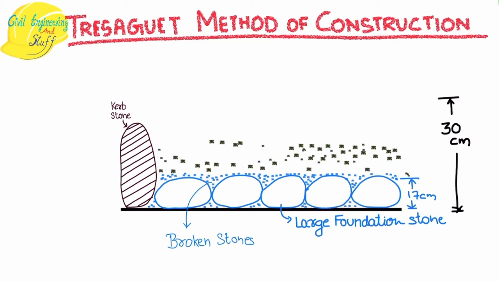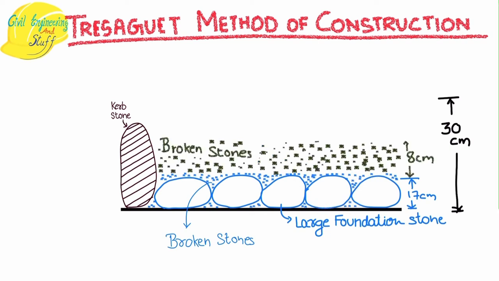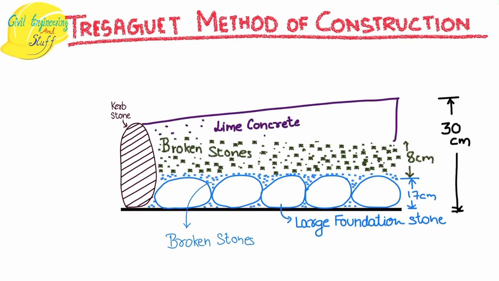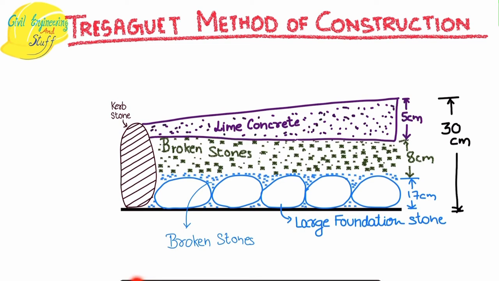And above the large foundation stone, another layer of broken stones was provided, the thickness of which was around 8 centimeters. And above that, a layer of lime concrete was provided, whose thickness was around 5 centimeters.